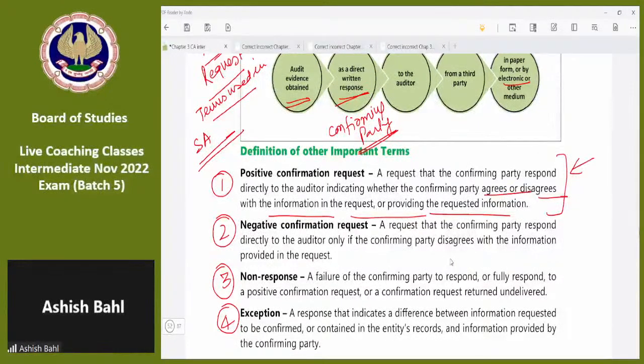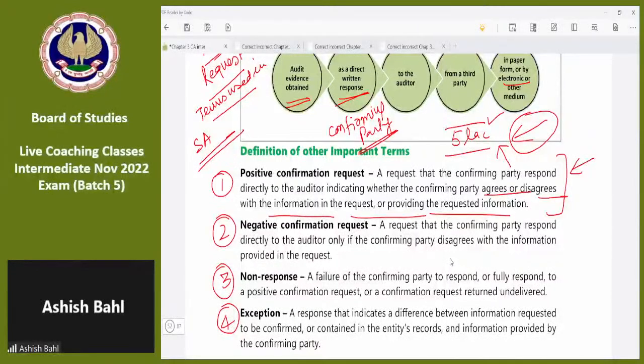Now I say to him that in the books of the company your balance is say 5 lakhs. So please confirm whether your balance is 5 lakhs. Now the party gives me a response and states, yes, my balance is 5 lakhs. So it is an example of positive confirmation request.